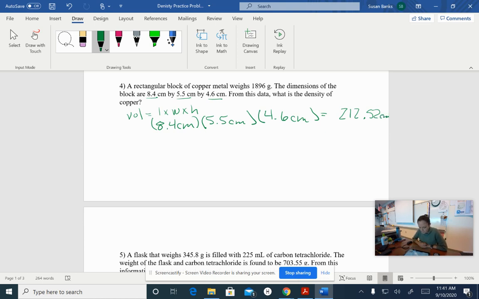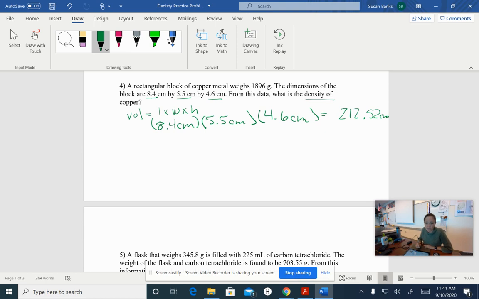Okay, now the thing is, I'm not so sure that I want to round quite yet because I'm not quite done. I want to find the density, and this is just giving me the volume. So I'm going to keep all of these numbers until I'm absolutely done.